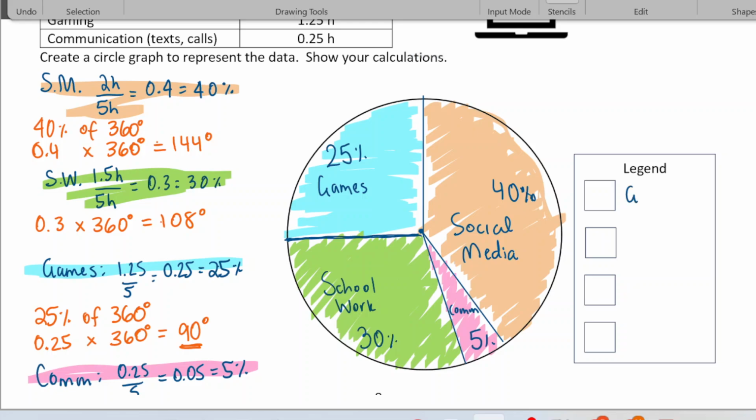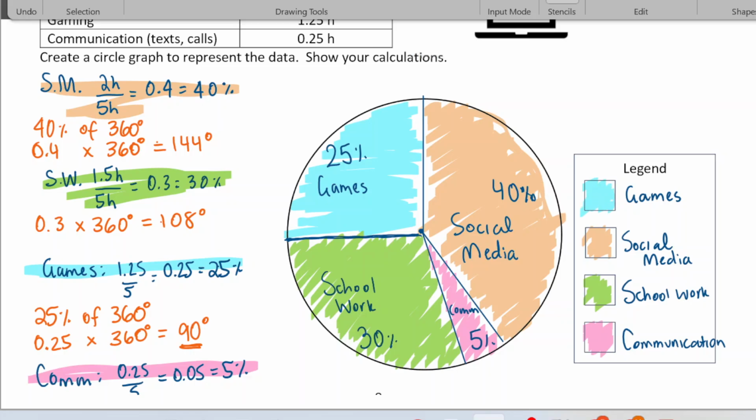So we have games at 25%, social media at 40, we have schoolwork at 30, and we have communication at 5. So I'm just going to color those colors in. Schoolwork was green, social media was orange, and games was blue.